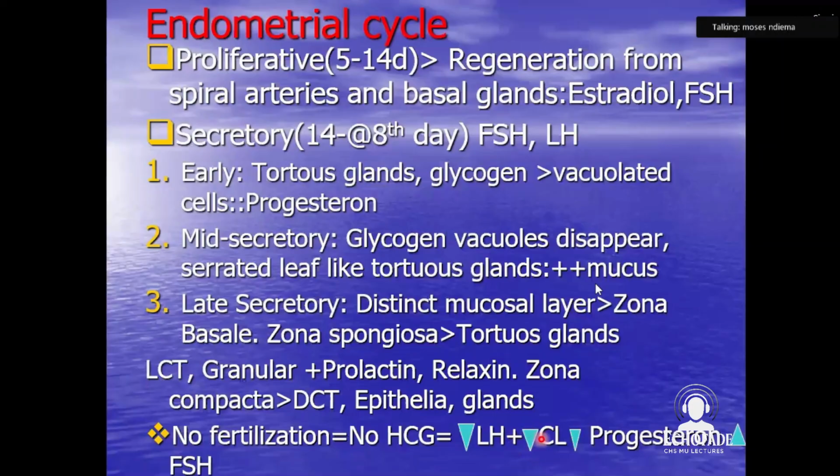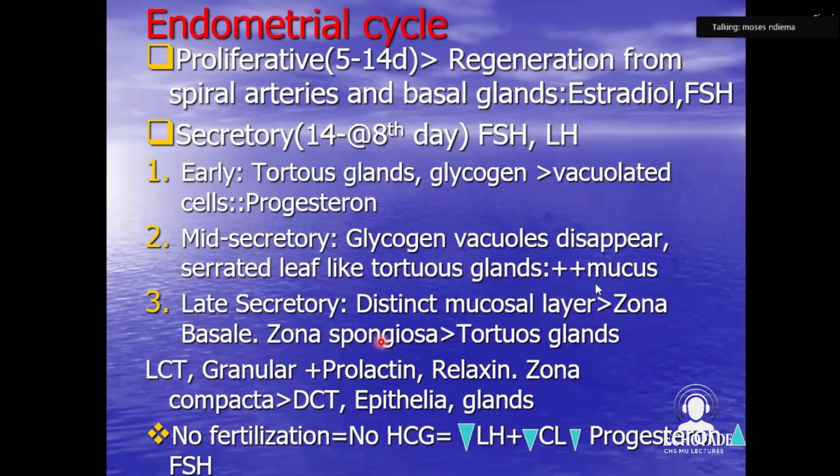As a result of this regression of the corpus luteum, there is reduction in the progesterone. Remember, progesterone is produced by lutein cells. Progesterone was very important in the development of the secretory phase.